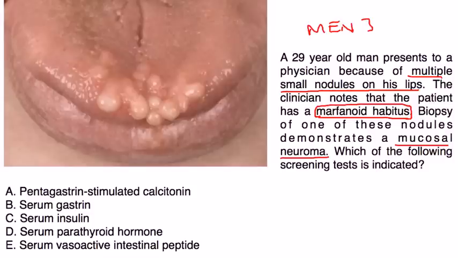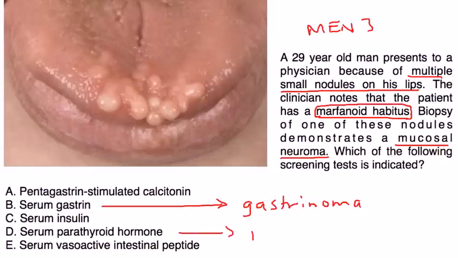Well, if you had seen some of the other MEN videos that I had made previously, you could tell that this one is part of gastrinoma that occurs, and this is parathyroid adenoma or hyperplasia.